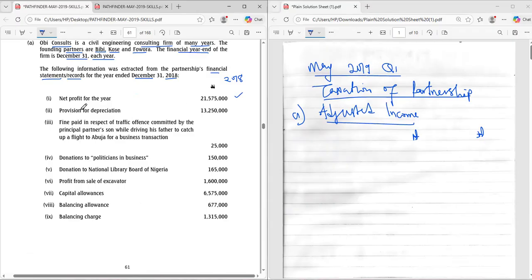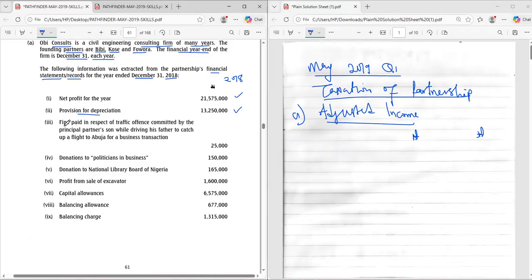And then they gave us provision for depreciation. You know what we do with provision for depreciation? We add it back. It was deducted from the net profit, so we add it back because it is disallowed. Then we are going to replace it with capital allowance.